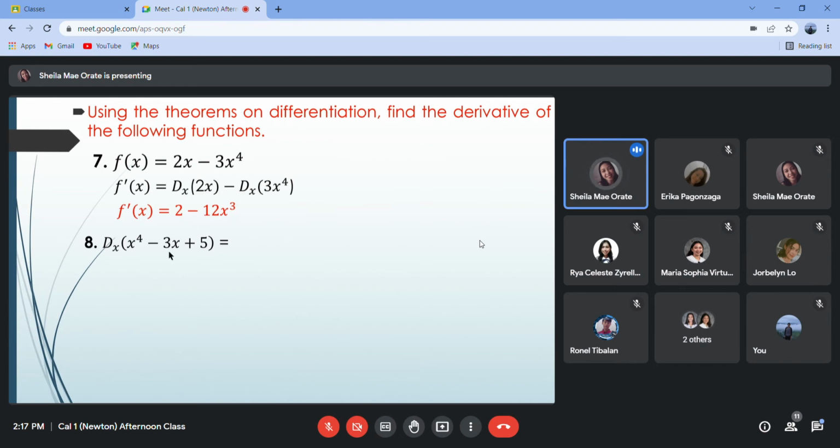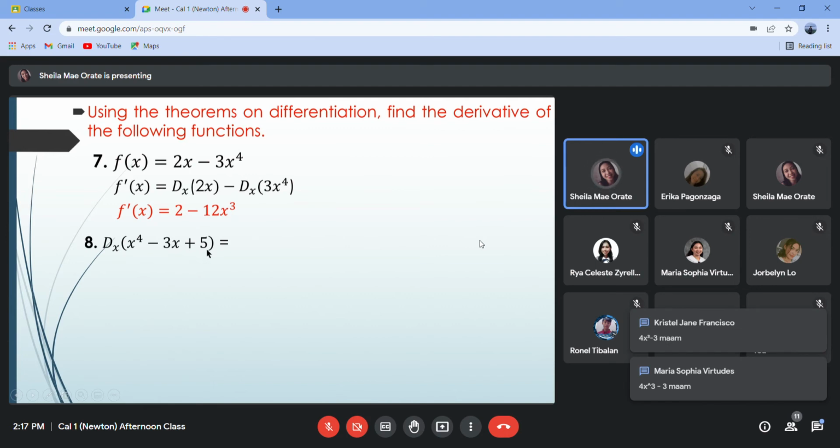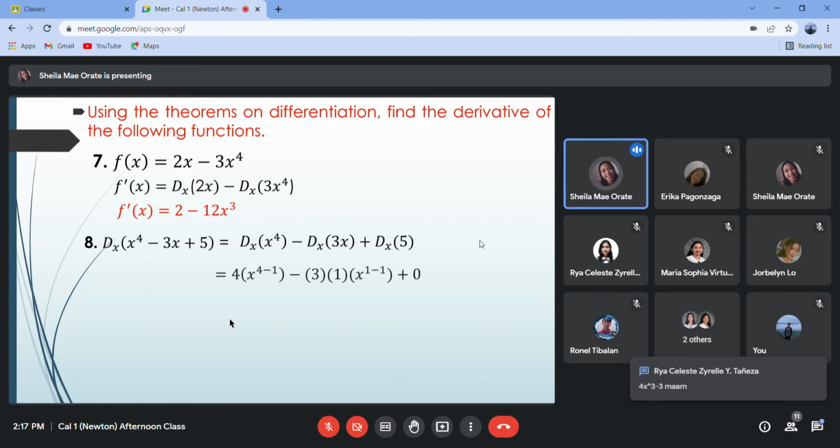You know the derivative of x raised to the power of 4, of 3x, or of 5. Automatically, the derivative of 5 is 0, because it is a constant. Okay, let's check this. We use the power rule on x raised to the power of 4, so we have 4x raised to the power of 4 minus 1.